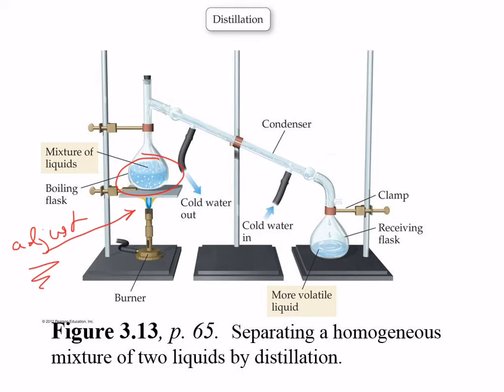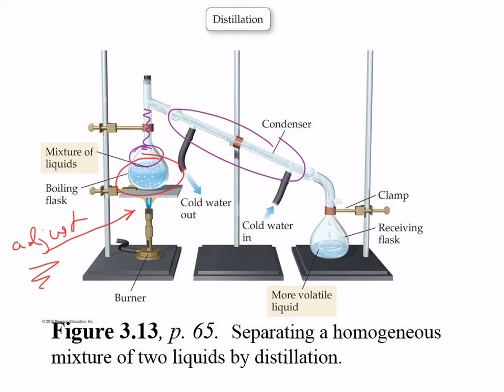Notice the low boilers will go ahead and gasify, and they go up here, and then this condenser is chilled. So your vapor goes up, and it spills over into a chamber that's cool, and so it will condense and drip, drip, drip down here.